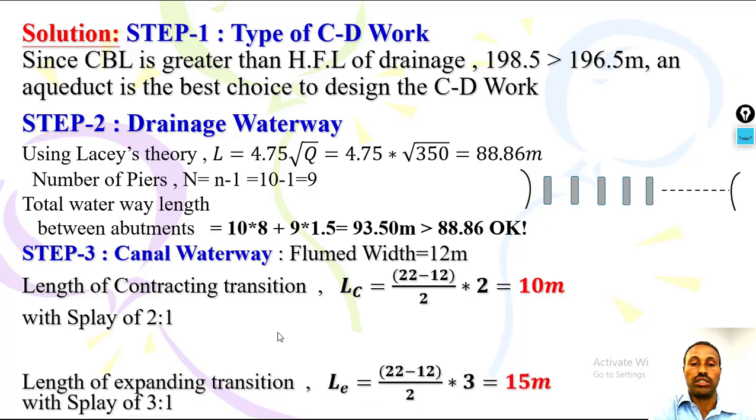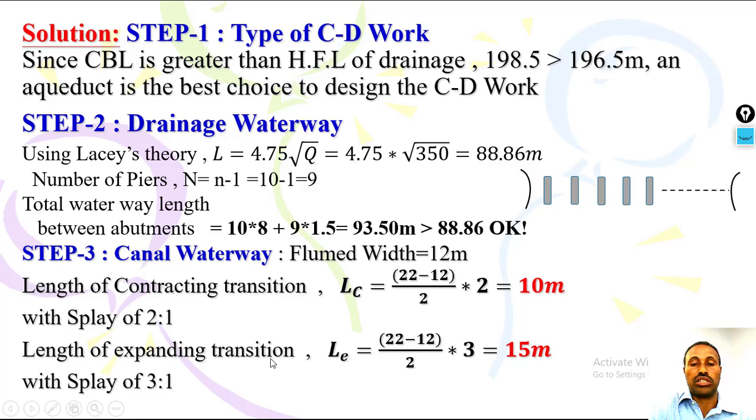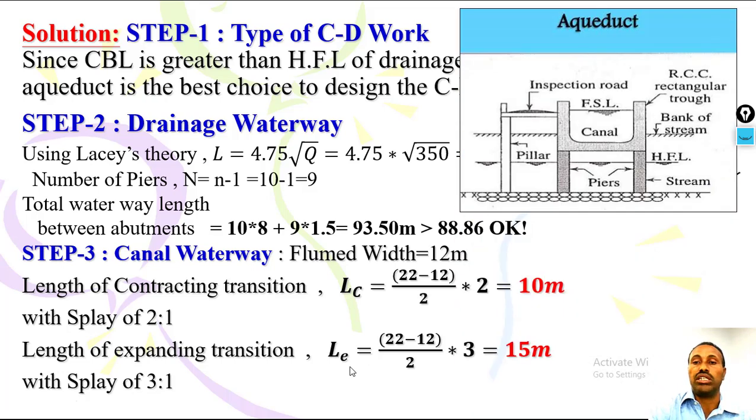Then again, the length of expanding transition you will have with a splay of 3 to 1. Then you have 22 minus 12 over 2. Then you just have to multiply by 3, which is this 3 to 1 length of expanding transition. So once you calculate the length of contracting and expanding transition, now let's see.